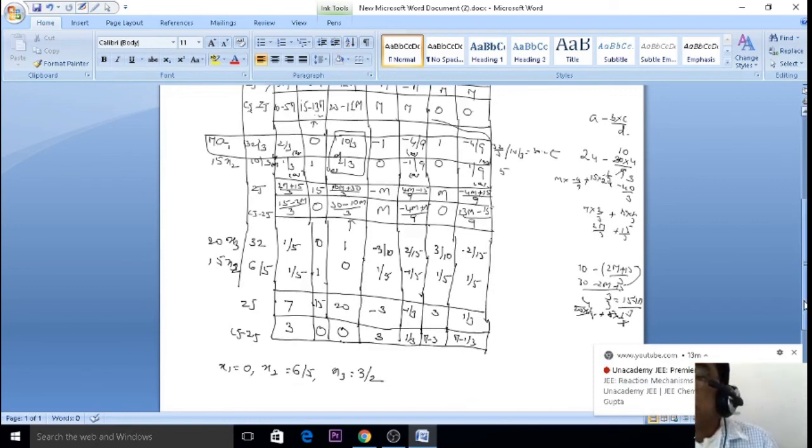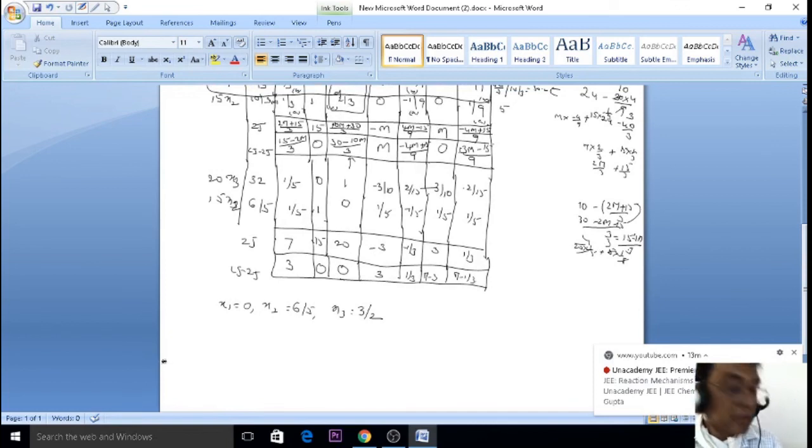So what is the minimum value? Therefore, x3 is equal to 32 by 10, that is 16 by 5.